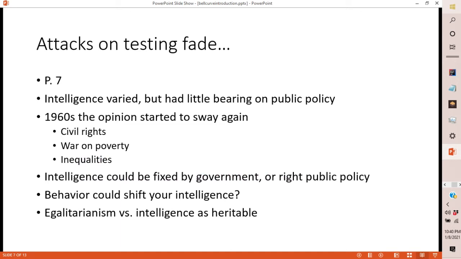People are starting to become vocal about it. In the 1920s, 1922, 23, Walter Lippmann is fearing that people who score high on intelligence tests are going to occupy positions of power. So they're fearing that it's going to be used against people.